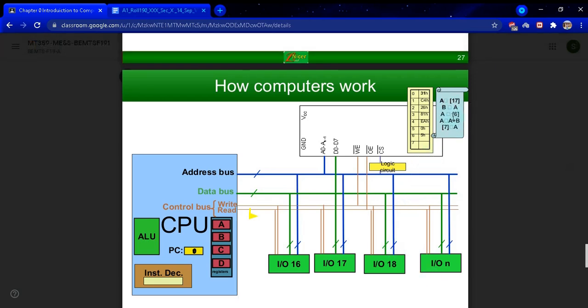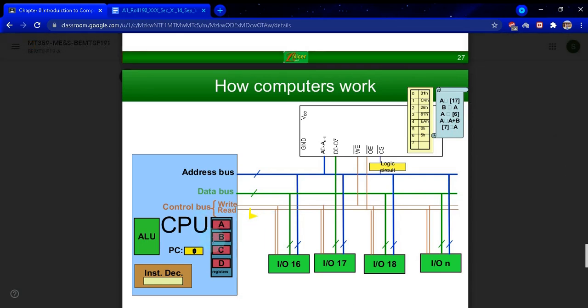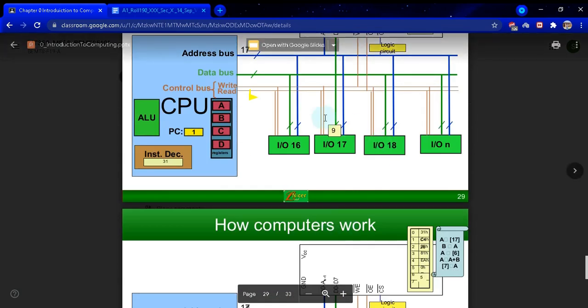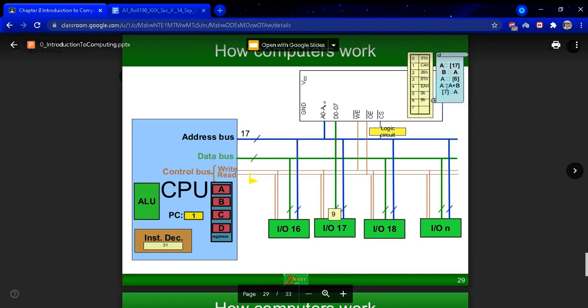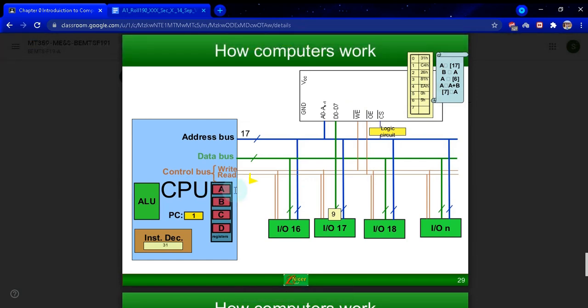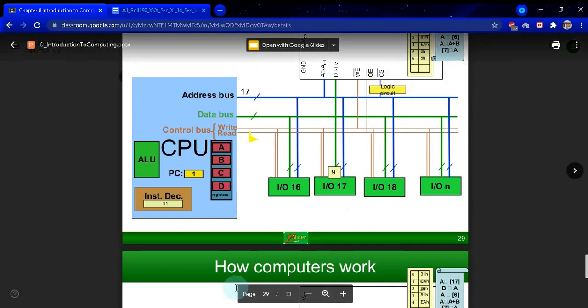When the A register has been replaced by the sixth memory location, the previous value is in B. For example, if the value is 9 through the data bus, then in the A register, with the help of the arithmetic logic unit, the binary adder or subtractor, we will add A plus B. The A register will store the new value, and with this A value we will store it in the 7th memory location.